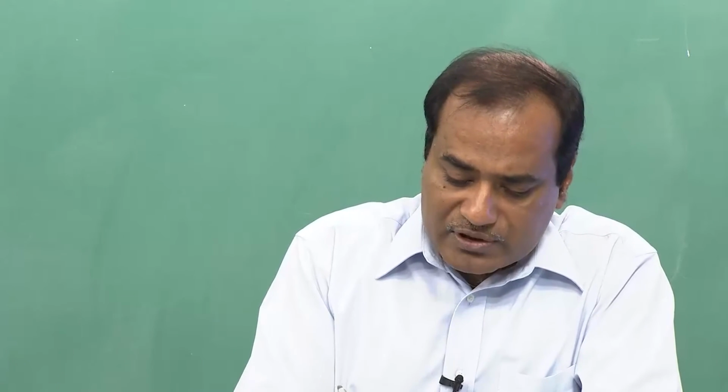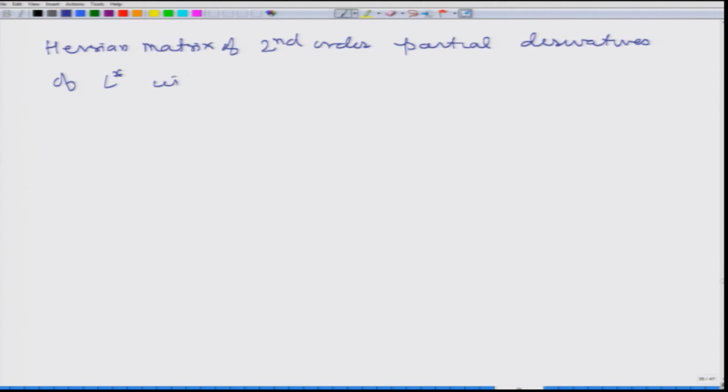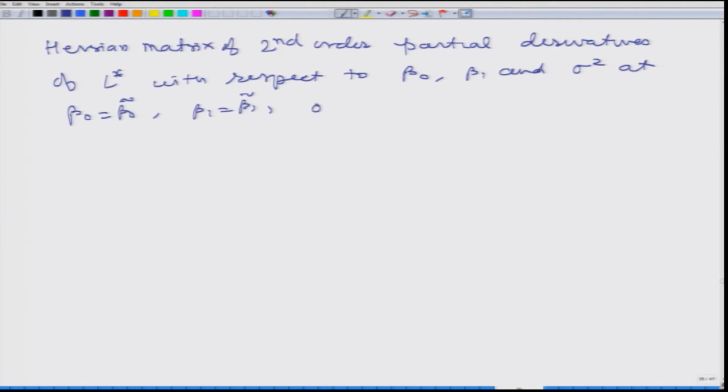So I would say simply that the Hessian matrix of second order partial derivatives of L star, which is the log likelihood function, with respect to beta 0, beta 1 and sigma square, at beta 0 equal to beta 0 tilde, beta 1 equal to beta 1 tilde and sigma square equal to sigma square tilde, turns out to be negative definite.